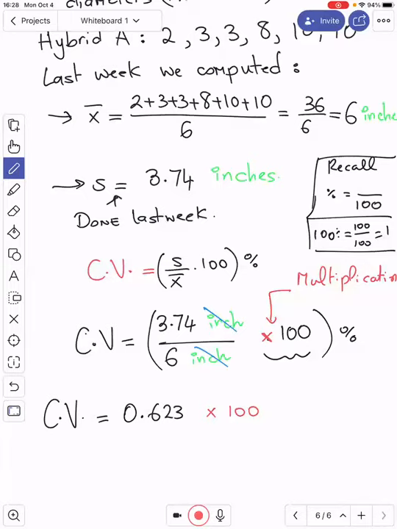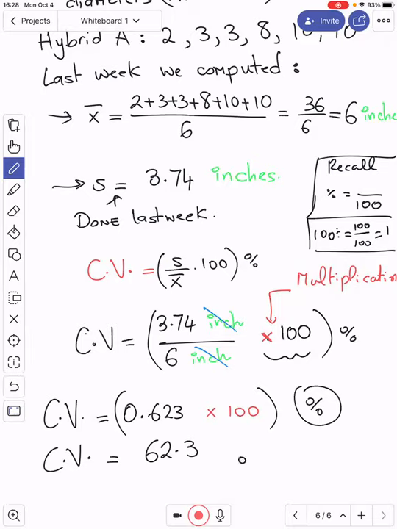Multiply by 100%. So when you multiply 0.623 by 100, that will be 62.3, and then there's this percent, right?